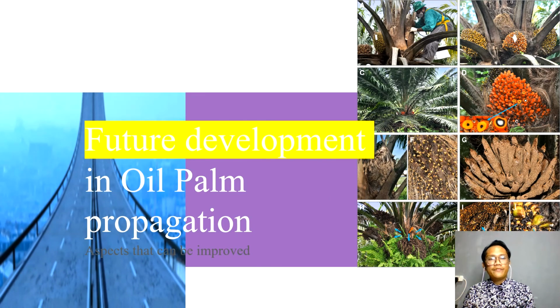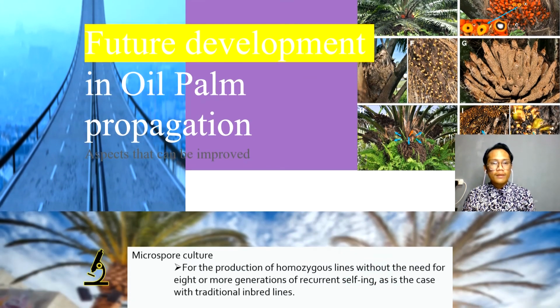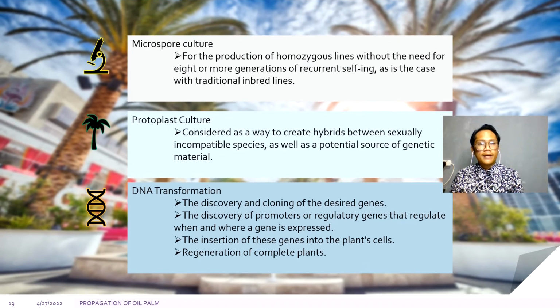As for future development in oil palm propagation, microspore culture is for the production of homogeneous lines without the need for additional generations of recurrent selfing, as is the case with traditional inbred lines.